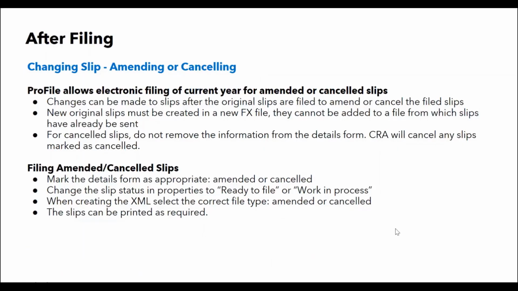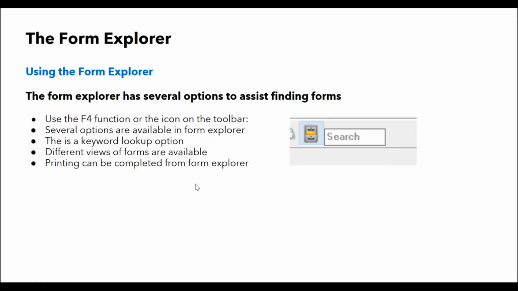All right, so the next thing we're going to talk about is the Form Explorer. This is just to help you navigate through the modules and get the forms that you need quickly.